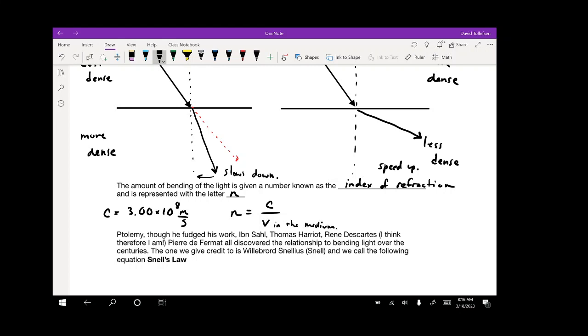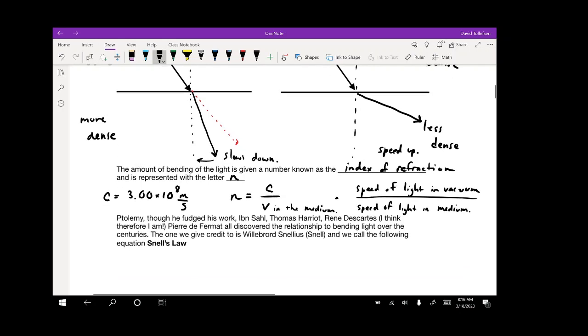So the speed of light in a vacuum over the speed of light in the medium. And each material has its own index of refraction.